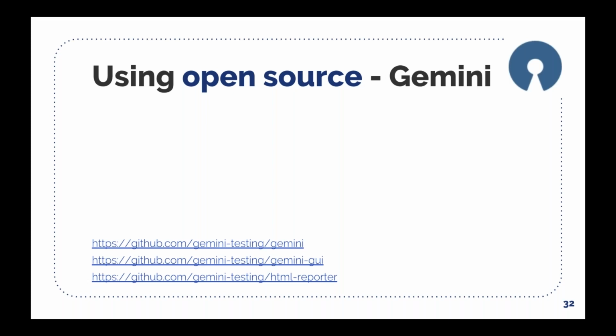Moving on to the second approach we took, which was actually to look at the open source options and see what solution was already there to do visual comparison. There are many, of course, but we basically chose solutions that were found on GitHub or in other open source repositories that were well maintained and active.